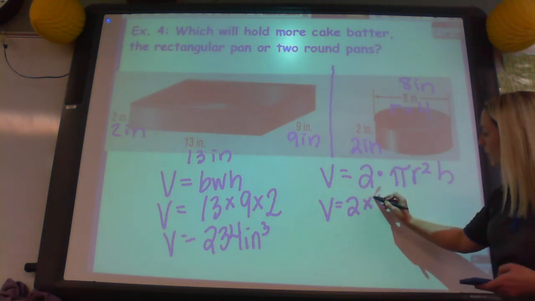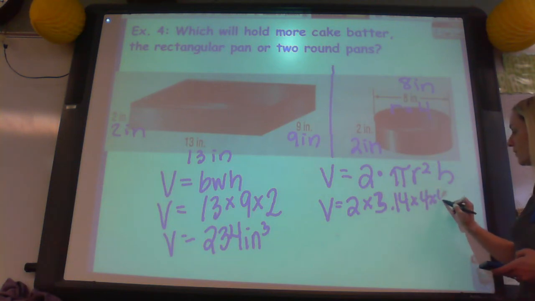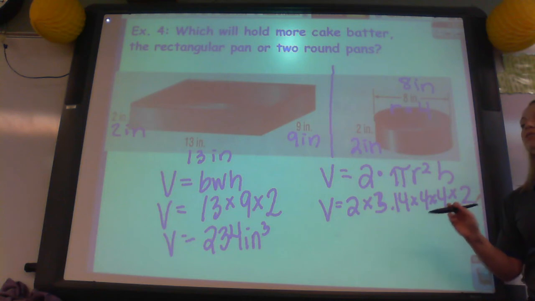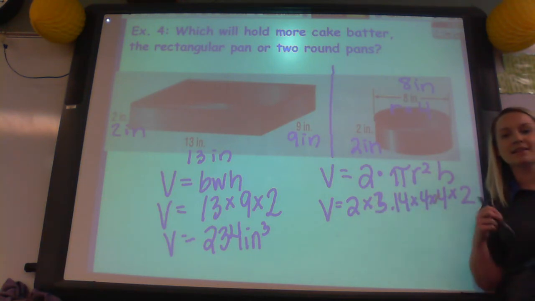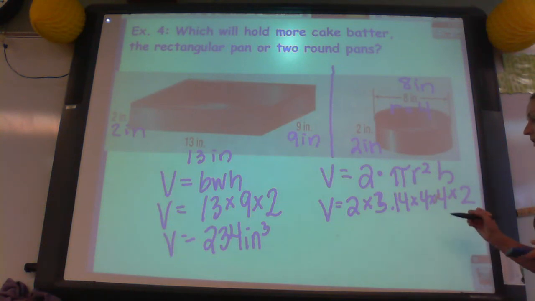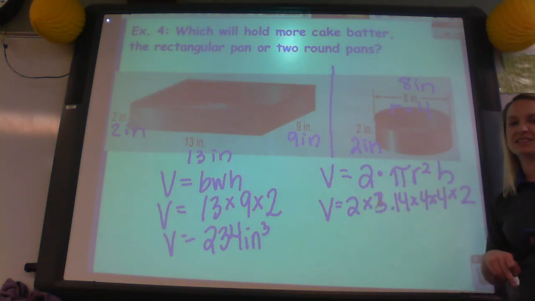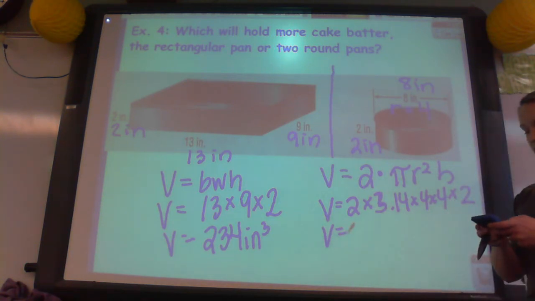So, let me get my pi in there. 2 times 3.14 times 4 times 4 times 2 for the height. And you'll notice me going back to using the X for the times sign instead of the dot like we did last chapter, just because with the decimals and stuff, sometimes the X is a little bit better for separating. That dot sometimes looks like a decimal, so just be careful.